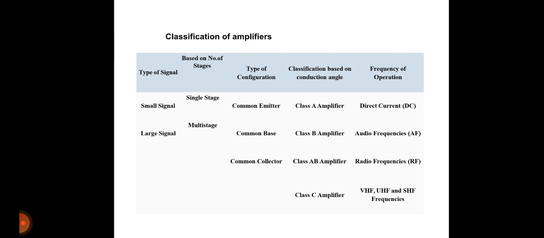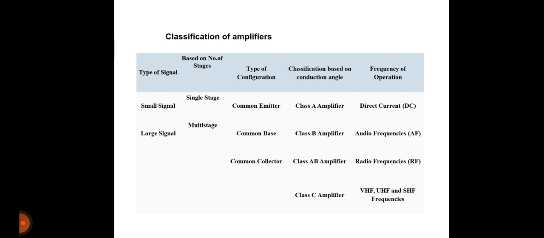In Class C amplifier, the collector current flows for less than half cycle of input AC signal applied. For Class AB amplifier, the collector current flows for more than half cycle and less than full cycle of input AC signal applied. Among these amplifiers, the efficiency will be more in Class C amplifier.